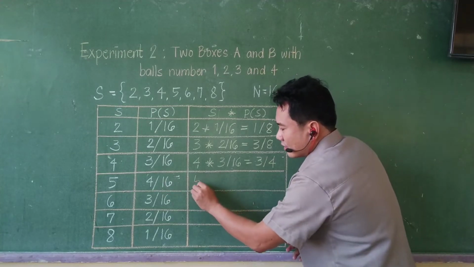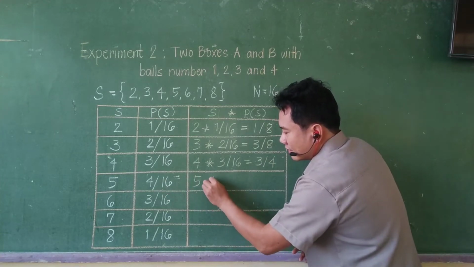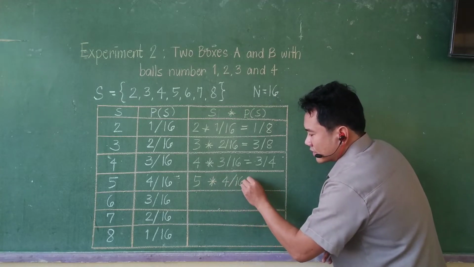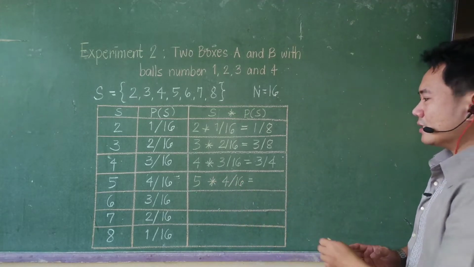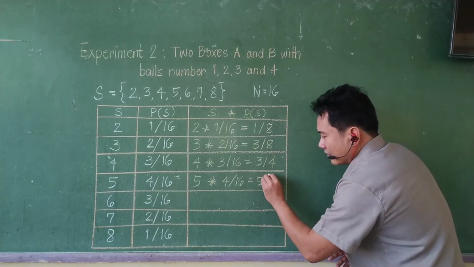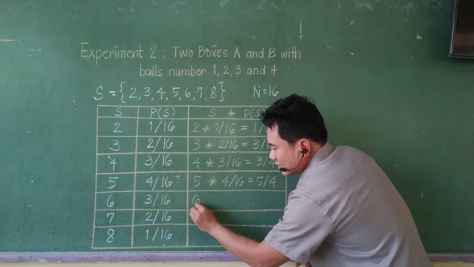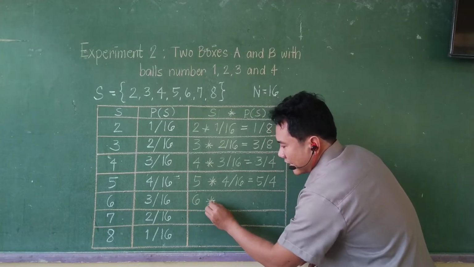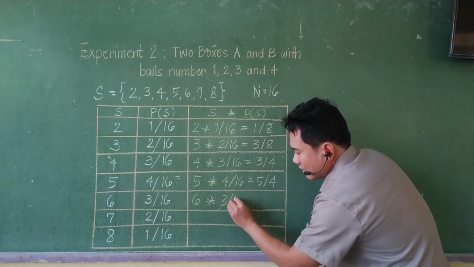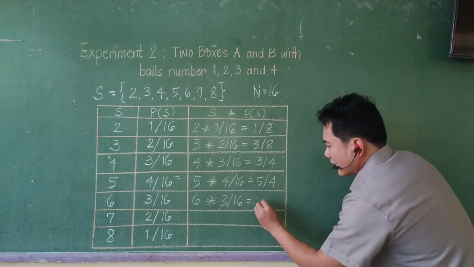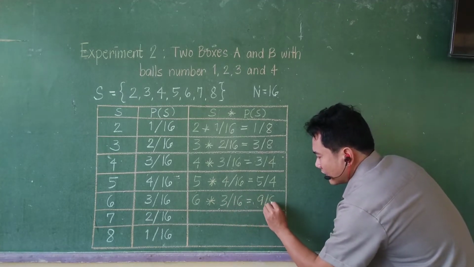Next, 5 times 4 over 16 equals 5/4. Next, 6 times 3 over 16 equals 9/8.